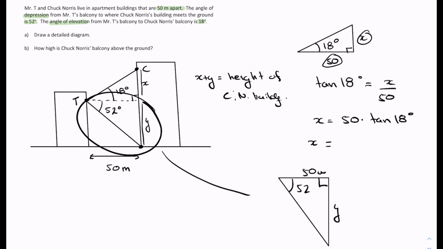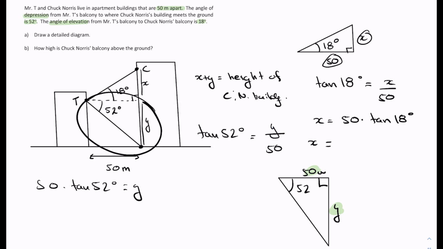Again, I have the opposite and adjacent, so I use tangent: tan 52 degrees equals y over 50. Or I can write 50 times tan of 52 degrees equals y, and that'll give me the y value. Let me just move this over here, and this up here for now.